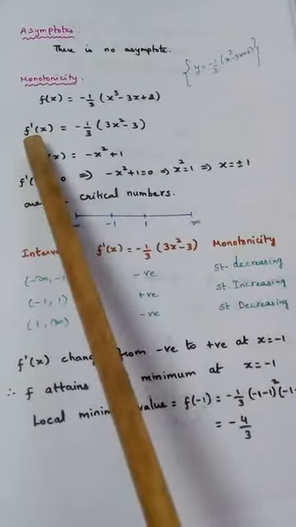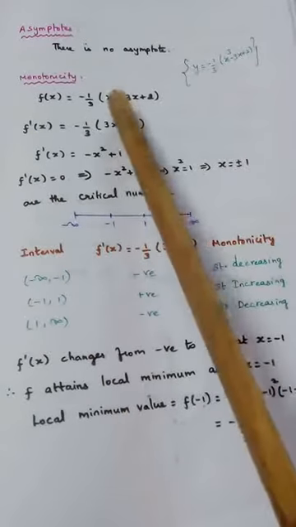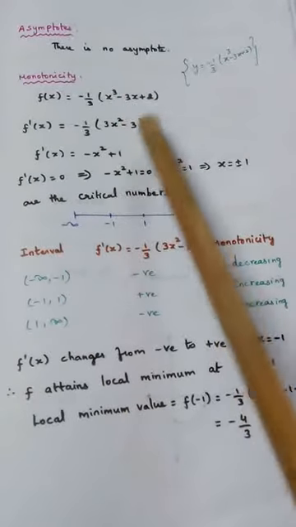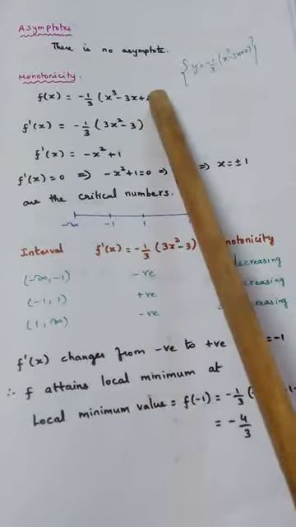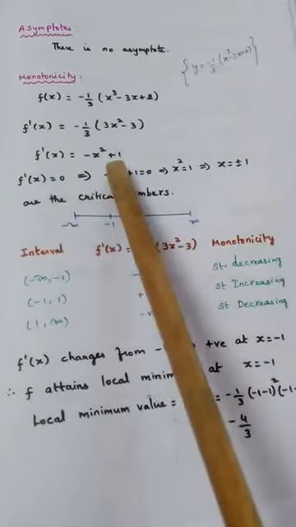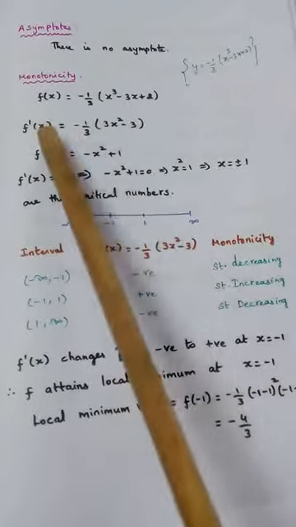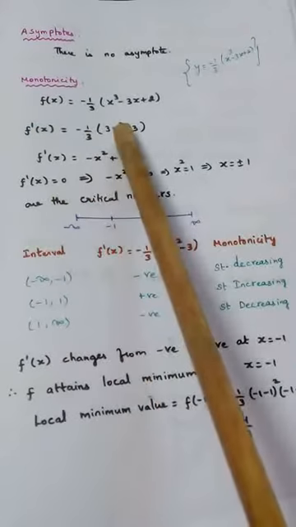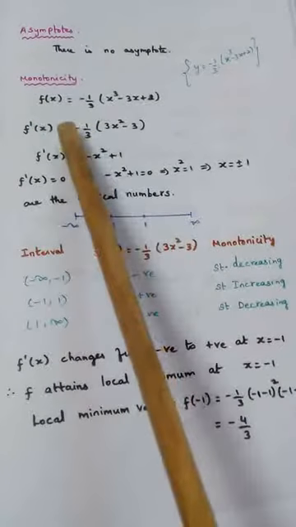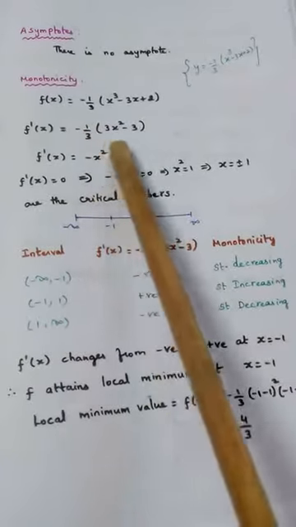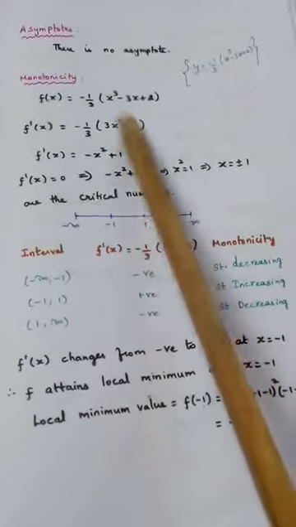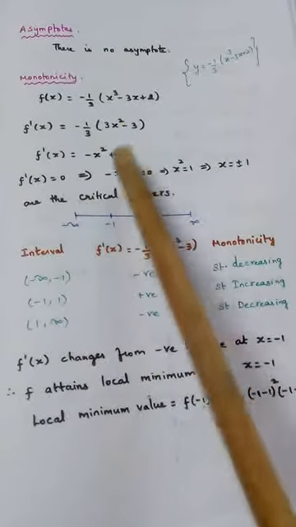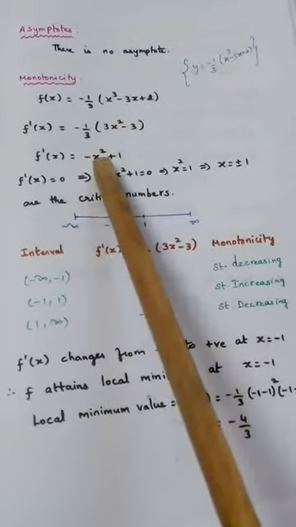Find f dash of x, which means differentiate x cube, 3x square, minus 3x, differentiation minus 3, and 2 will become 0. Before putting f dash of x equal to 0, I am just simplifying this, taking the 1 by 3 inside, 3 gets cancelled, minus x square. Minus into minus plus 1. So simplifying this we get this.